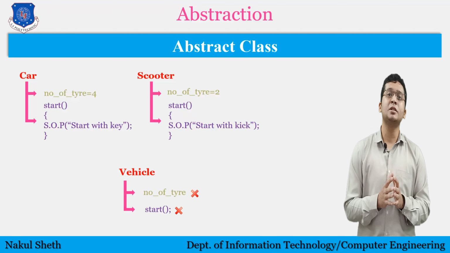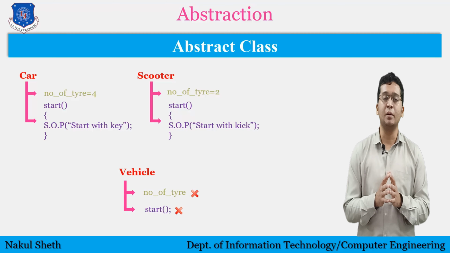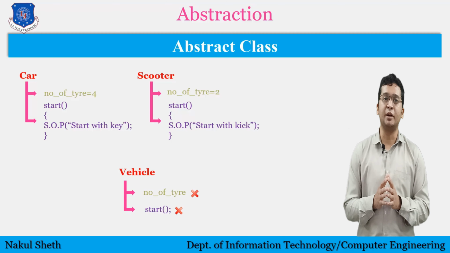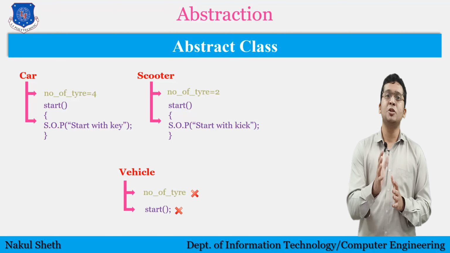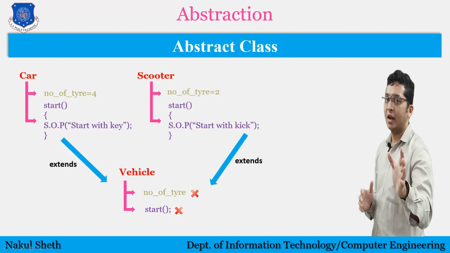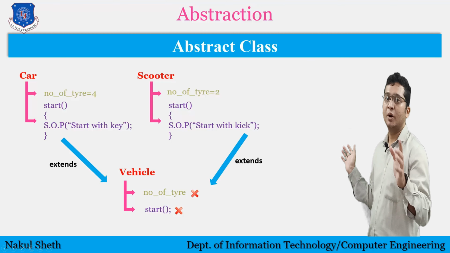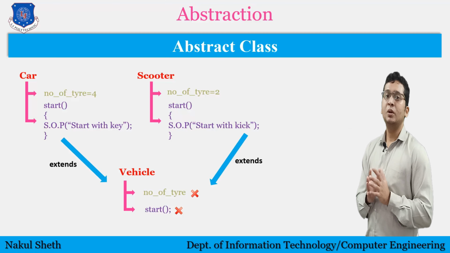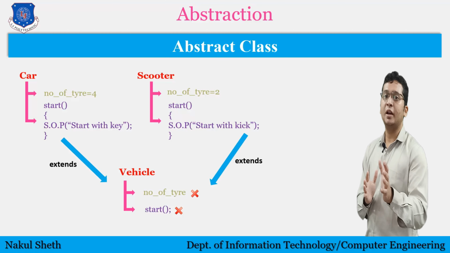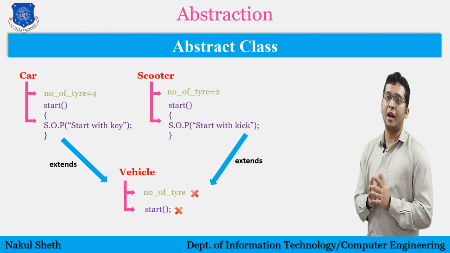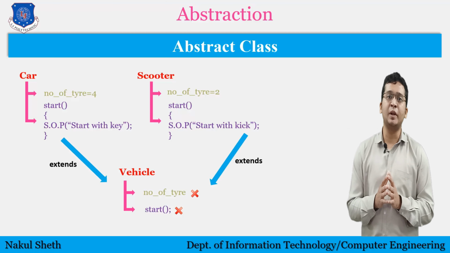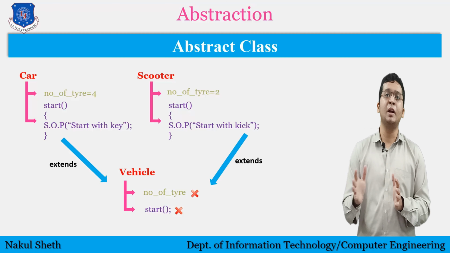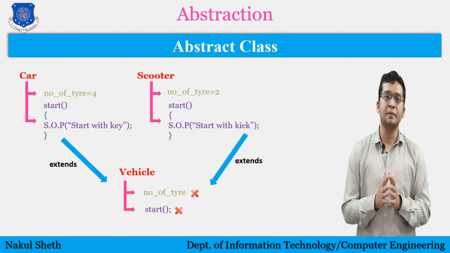So I have just declared the start method over here, but I have not provided its functionality or implementation. As you can see, I have highlighted only services but not implementation and value. So the other two classes are going to inherit this vehicle class, and then I am going to provide the value and implementation of this variable and method according to those classes.